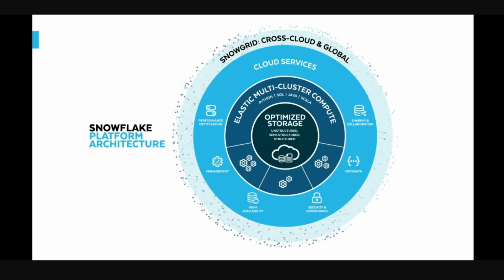The core of our Snowflake architecture is the storage, which is optimized, encrypted, and it supports unstructured, semi-structured, and structured data. The next layer is elastic compute. That is the layer that provides the computing: the memory and the CPU, etc., to run your queries.